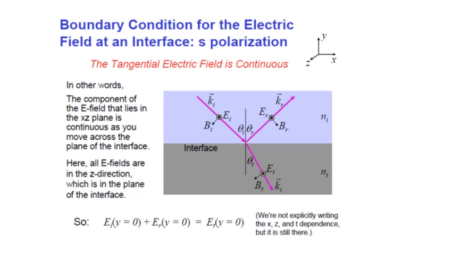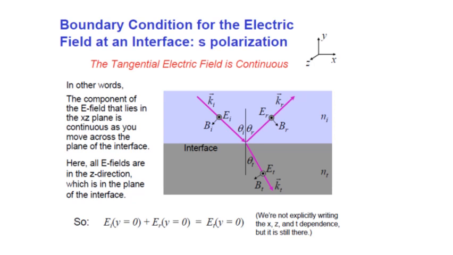For analysis, we have some boundary conditions for the electric field at an interface. The tangential electric field is always continuous. In other words, the component of the E field that lies in the XZ plane is continuous as you move across the plane of interface.